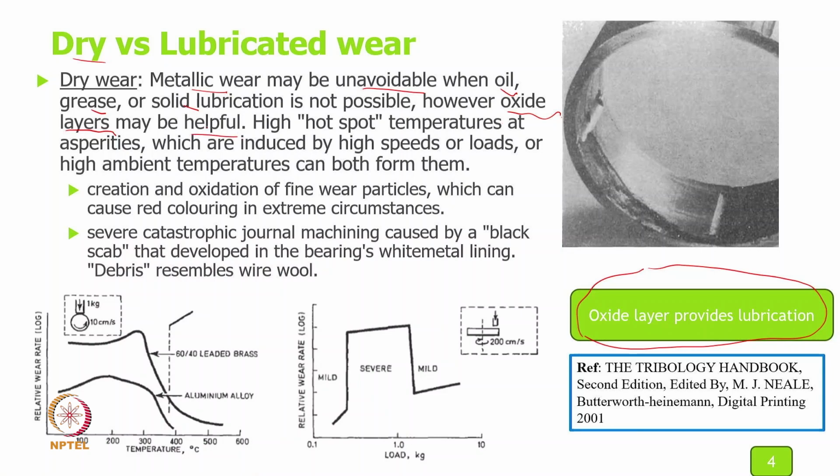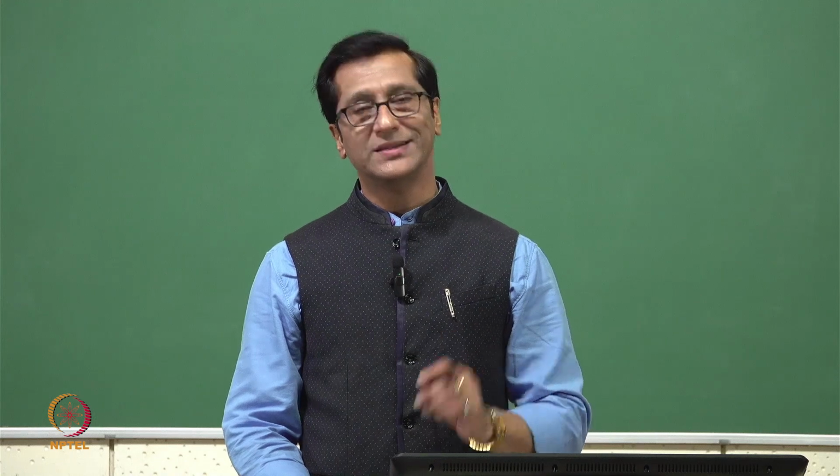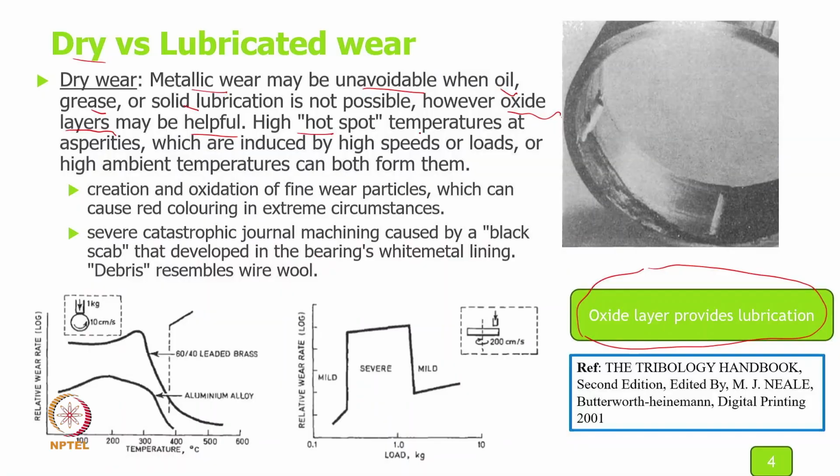Now if the operating temperature goes on a high side, high hotspot temperature at the asperity, or maybe high speed or high load, at the high temperature again this kind of oxide layer will form, and that is a very important aspect. We say creation and oxidation of fine wear particles can cause a red color in extreme circumstances.